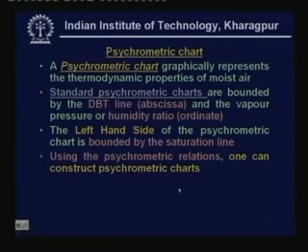Using the psychrometric relations, one can construct a psychrometric chart. This is the usefulness of having the psychrometric relations. You can construct your own chart using the simple relations, and this is very easy. All you have to do is take the dry bulb temperature on the x axis and the humidity ratio on the y axis, and have the steam table or the regression equation for the saturation pressure of water vapor.